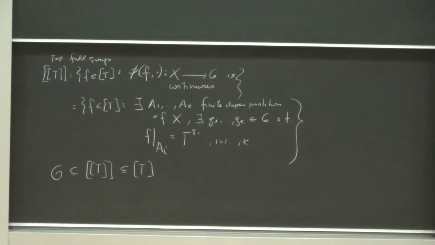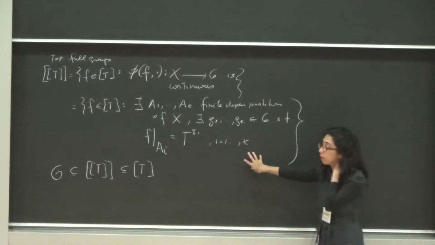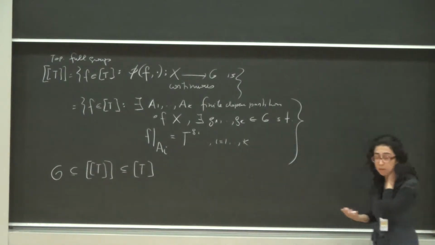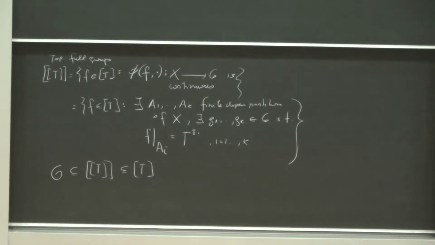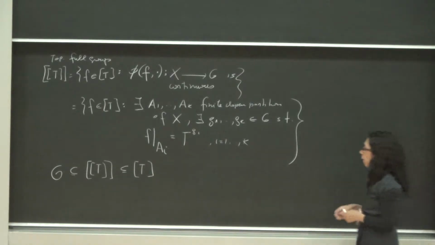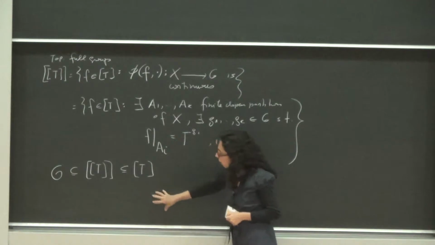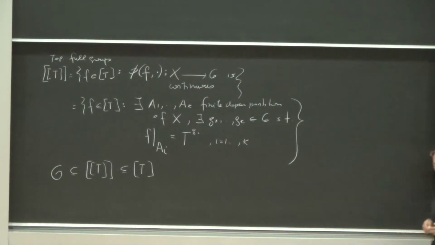Before trying to explain the relation between this group and orbit equivalence, I would like to show you how we can compute this group for an example. Yesterday we defined the dimension group for a minimal Cantor system.